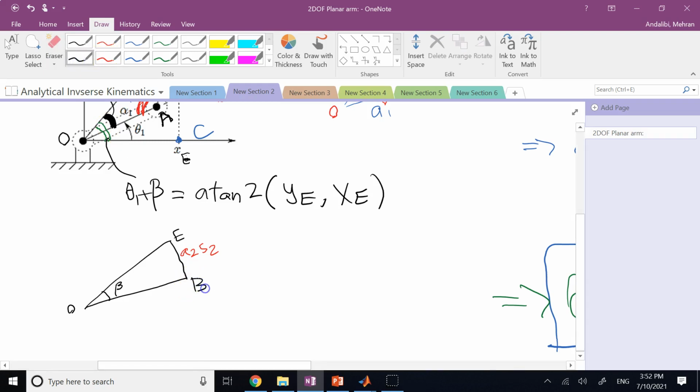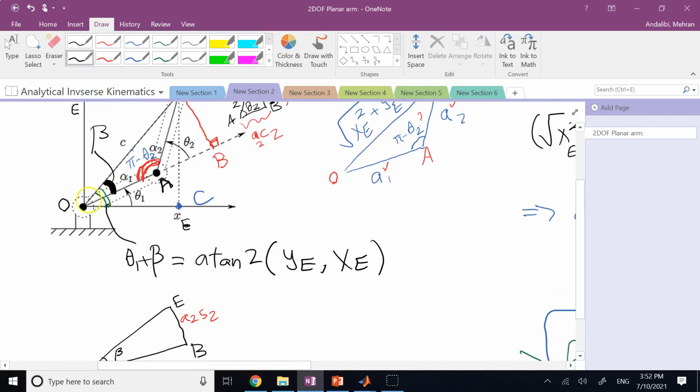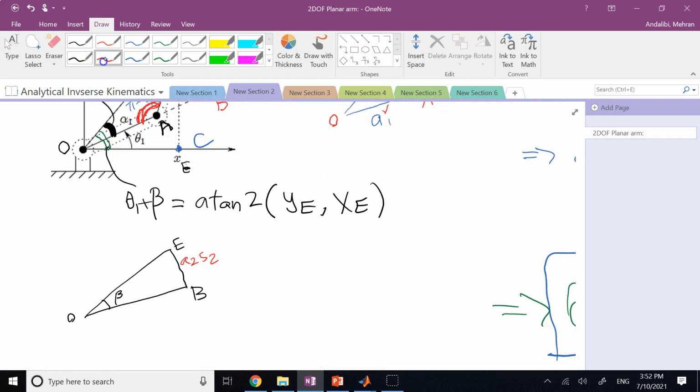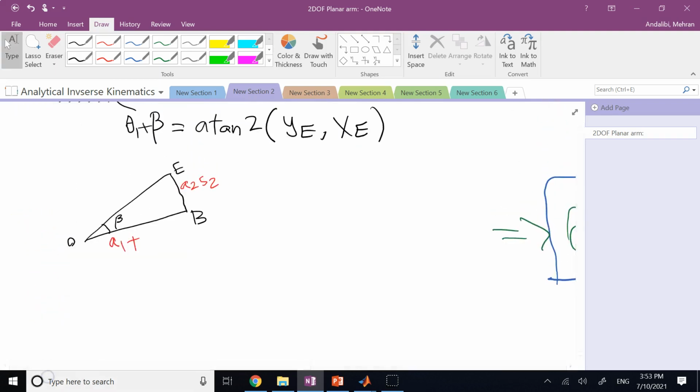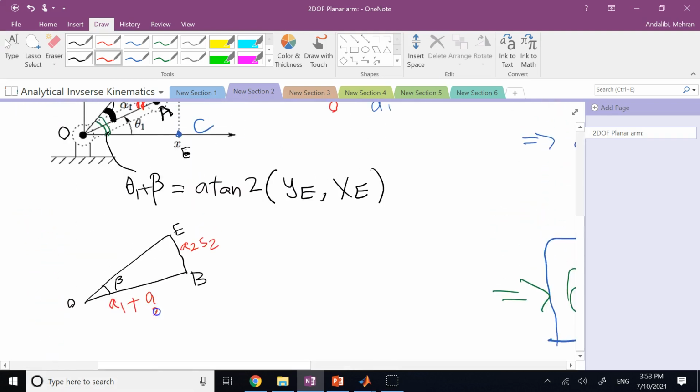What about OB? Well, if you look at OB, it is made of OA and AB. OA is clearly A1, right? So it is A1 plus the distance from A to B, which as I know is A2 cosine theta 2. So if I write it here, you see that OB is A1 plus A2 cosine theta 2, EB is what?